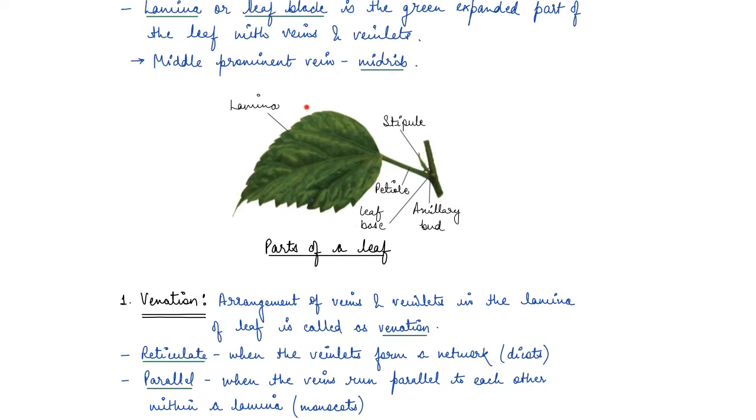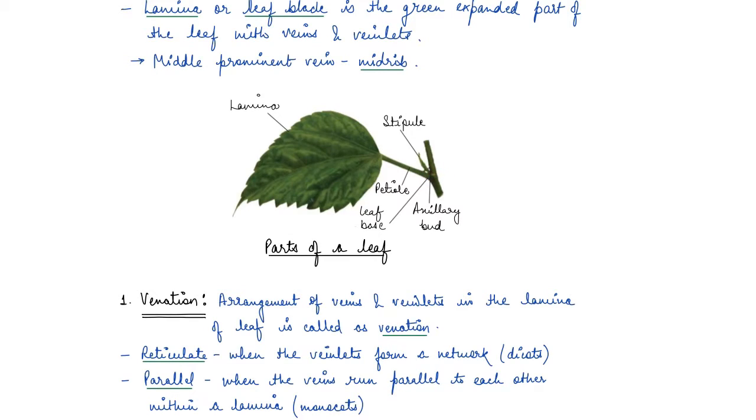And this is the lamina, which is the main leaf surface, right? Now here you can see a midrib, which is a vein, and different veinlets as well. There is one main vein which is the midrib and then various veinlets. Now here comes an axillary bud as well, right? This is the axillary bud.